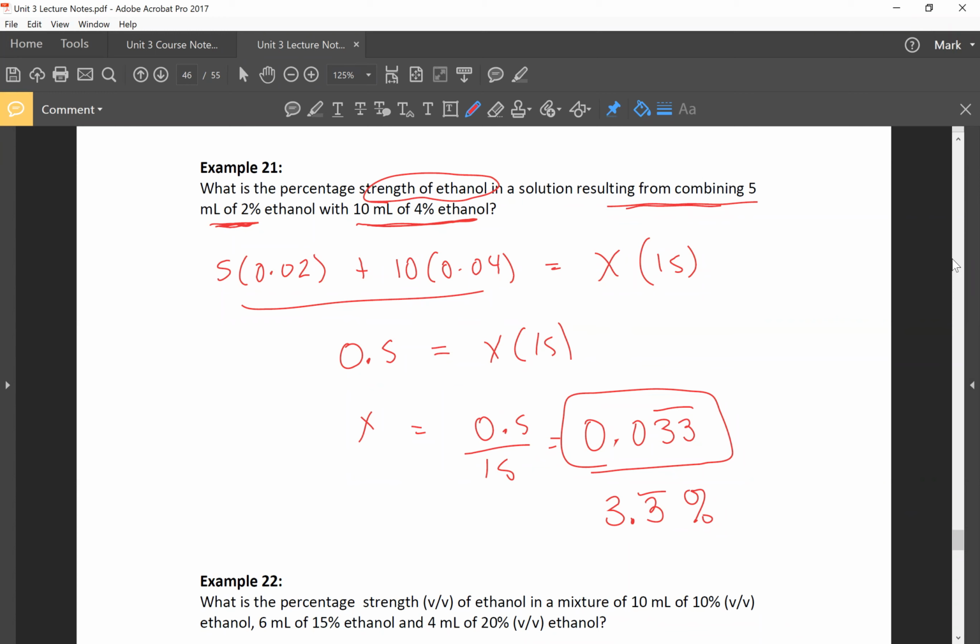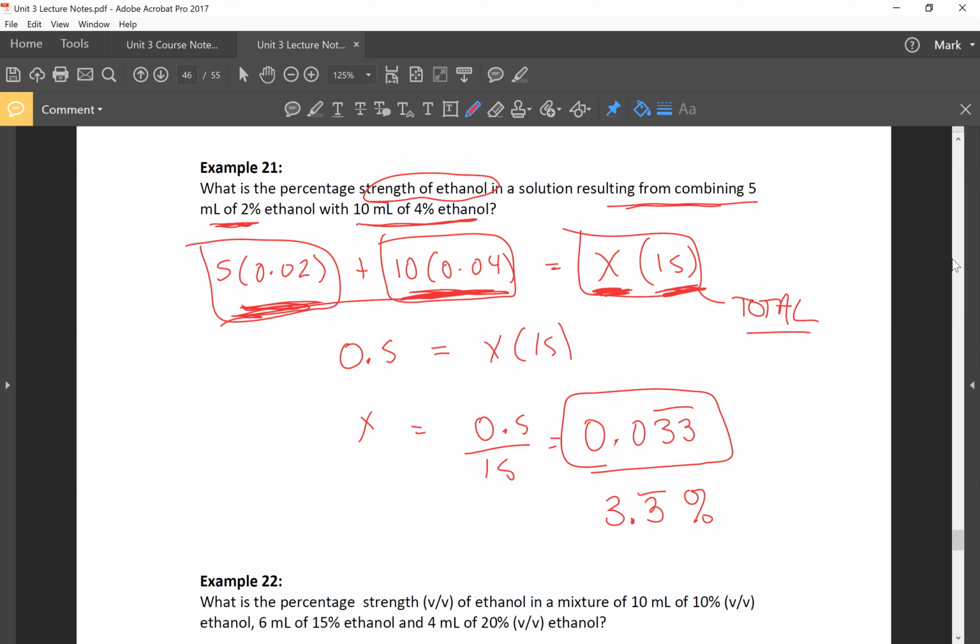Remember, these boxes, 1, 2, and 3, must always be the same thing: the concentration of the chemical times the amount. So this was 5 milliliters times 2%, plus 10 milliliters times 4%, equals my percentage as x times the 15 milliliters total.